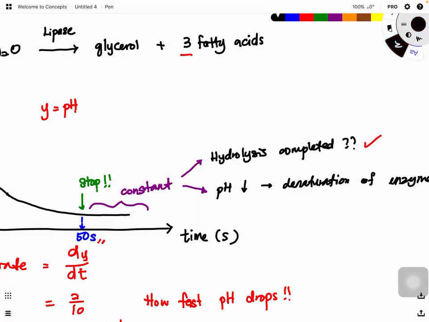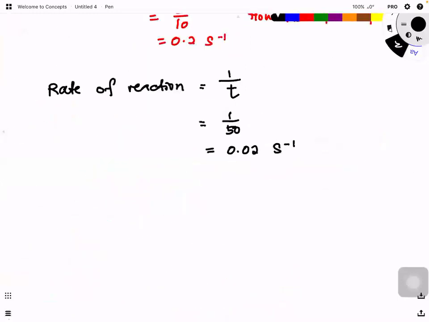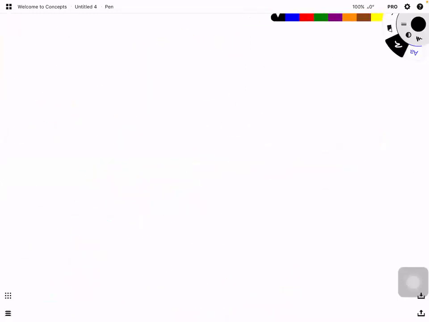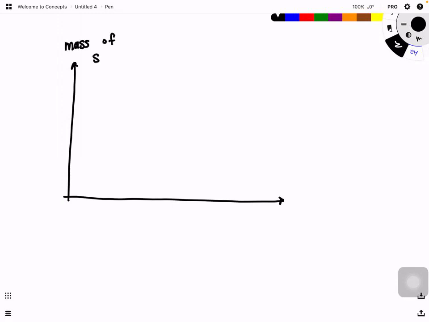Okay, so I give you the final example here before we go for our practical slots. Now, if my graph is this one, mass of starch in milligram against time, T, in seconds.